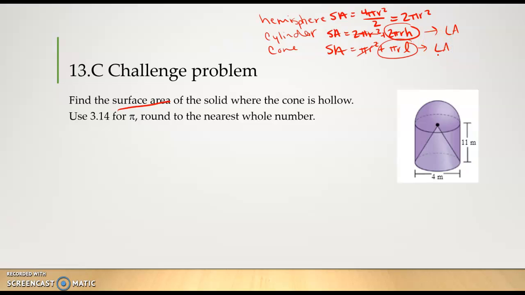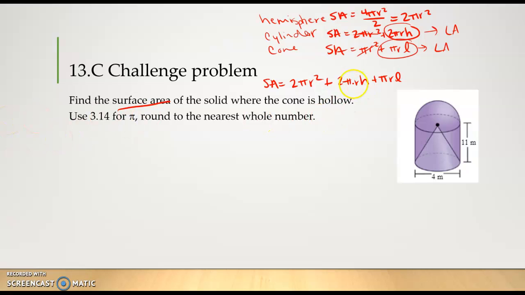So when I'm finding the surface area of this entire shape, it's 2 pi r squared, that's the hemisphere, plus 2 pi r h, which would be the lateral area of the cylinder, plus pi r slant height for the lateral area of the cone. If we were to make a formula for this shape itself, that's my formula. I just took what I knew from the other pieces and put them together.